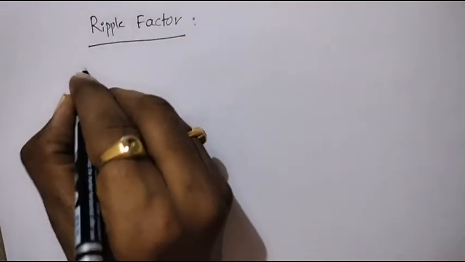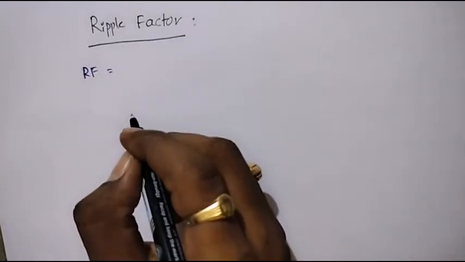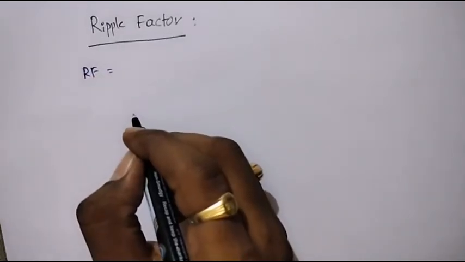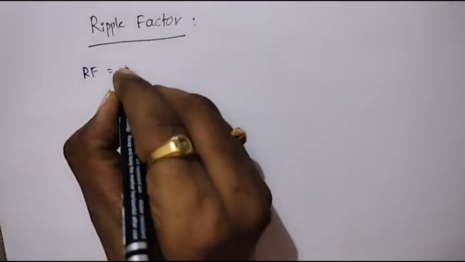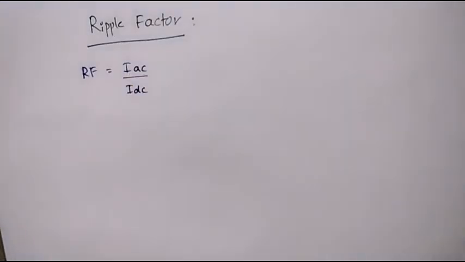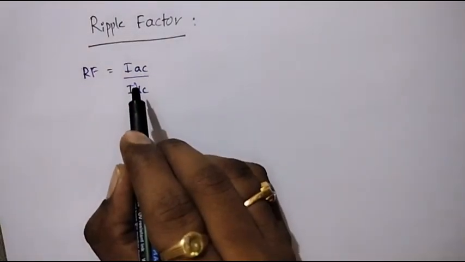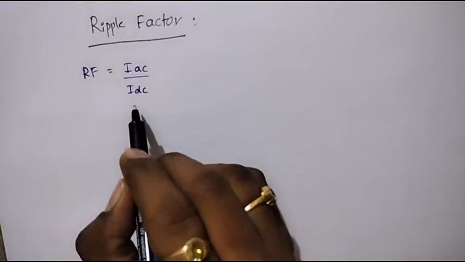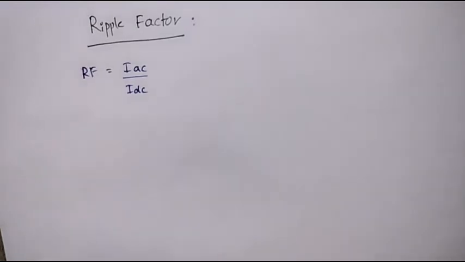Ripple factor is defined as the ratio of RMS value of AC component to the DC component. That is, we can represent it as IAC by IDC, where IAC is RMS value of AC component and IDC is DC component.